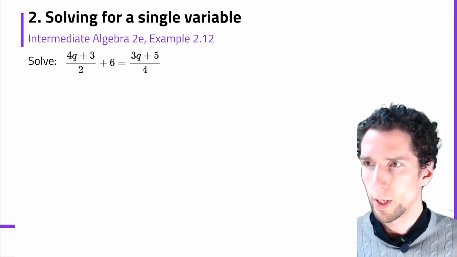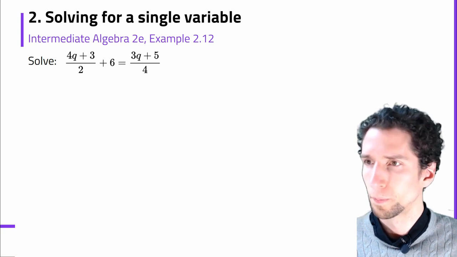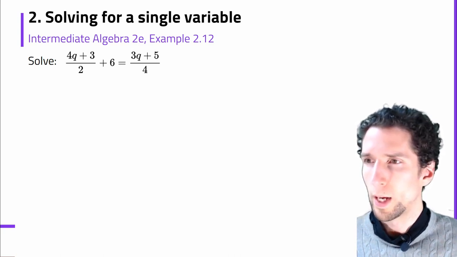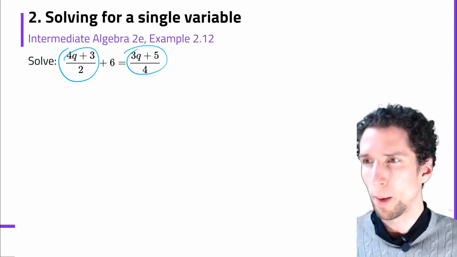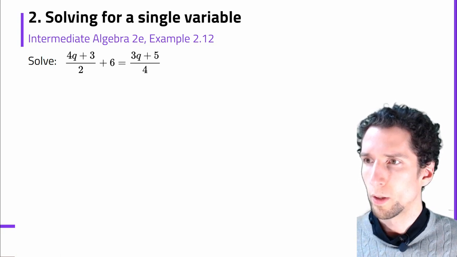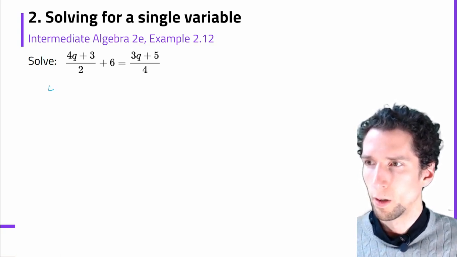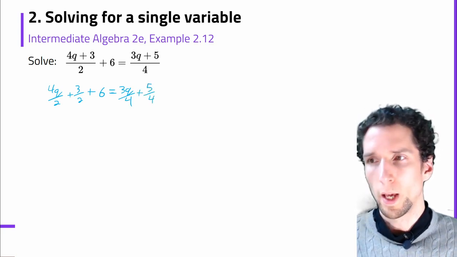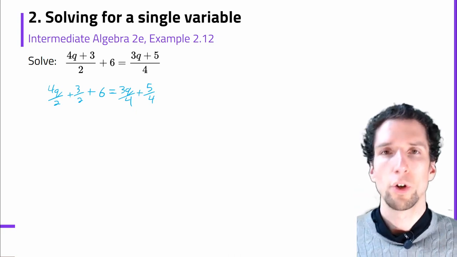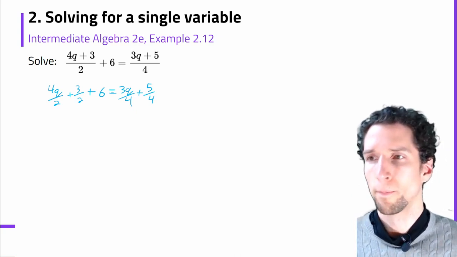We could rearrange this and split these fractions up. So we could say 4q over 2 plus 3 over 2 plus 6 equals 3q over 4 plus 5 over 4. And then gather the q terms, gather the constant terms, and simplify.